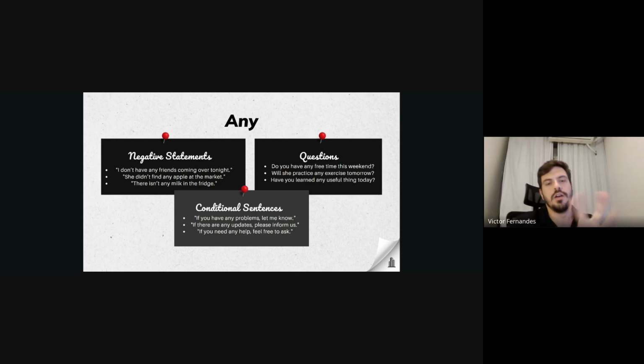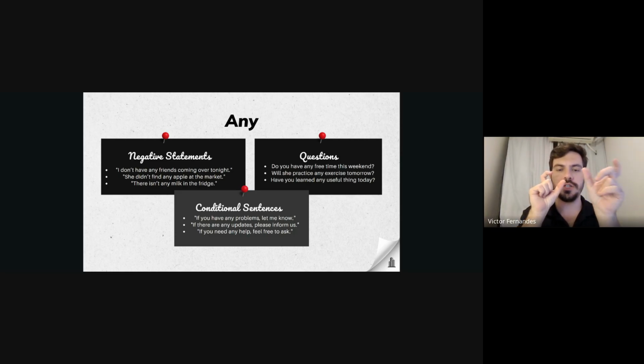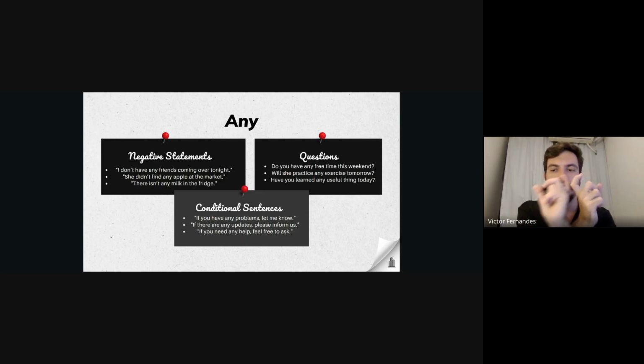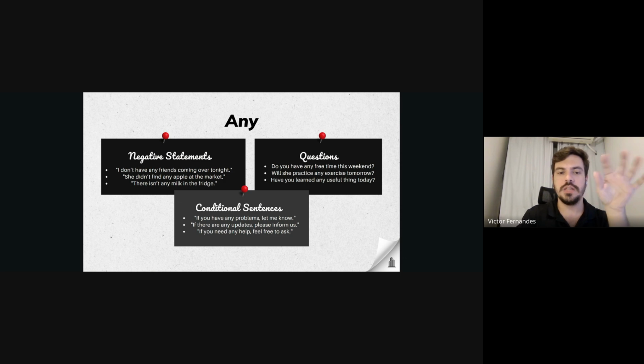Yes, they are still going to be what they are destined to be, like the cause and effect are still going to be cause and effect, but instead of being in the order cause and effect, it could be effect, cause. So for example, in this first sentence here, if you have any problems, let me know. I could start my sentence with let me know if you have any problems, but there's still going to be cause and effect. It's not going to be something different or in a different structure like past and future in the same sentence.